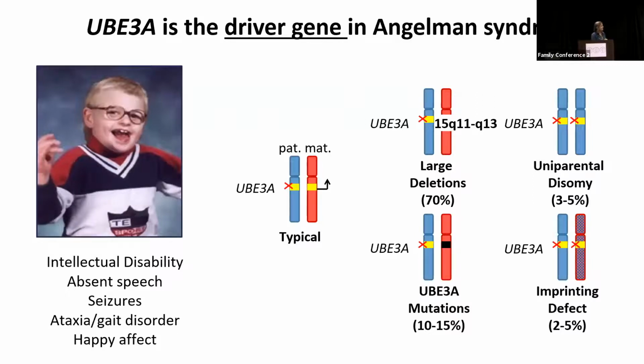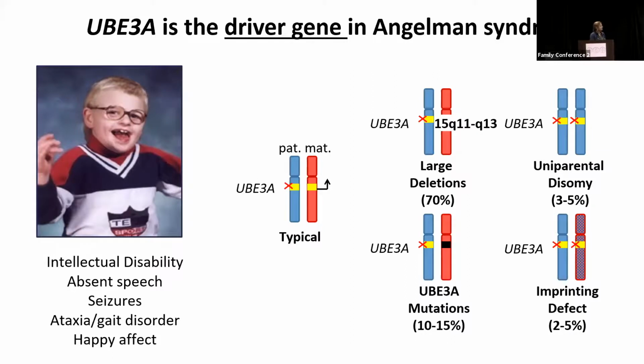And we've used these other genetic etiologies, specifically UBE3A mutations, to really tell us that UBE3A is the driver gene in Angelman syndrome. It is the gene that is probably the most impactful for Angelman syndrome. That doesn't mean that the other genes aren't contributing, because as I just told you, the kids with deletions are more severely impacted than those with UBE3A mutations and the other genotypes as well. But to say that UBE3A is the driver, it's the most important.